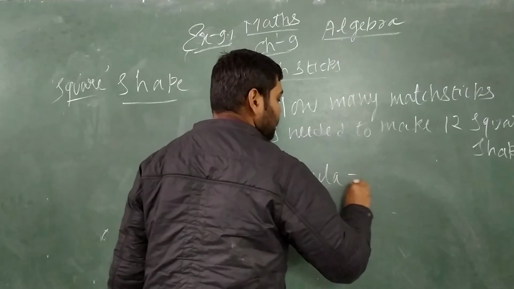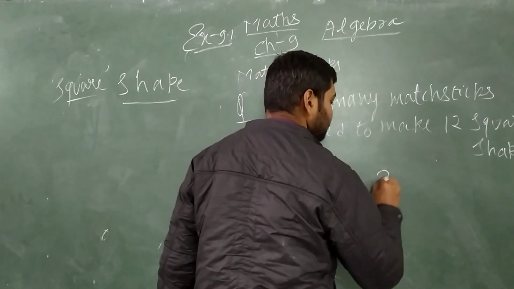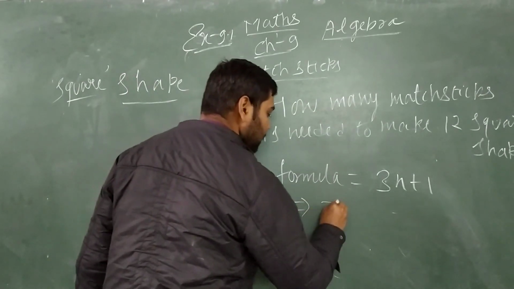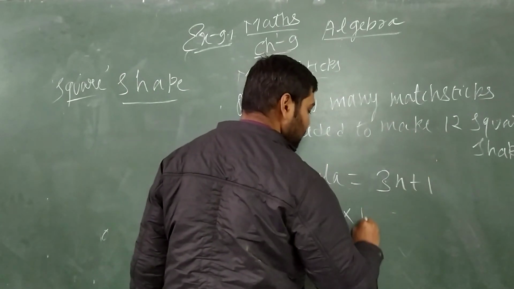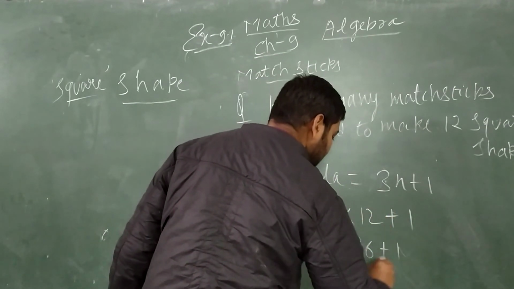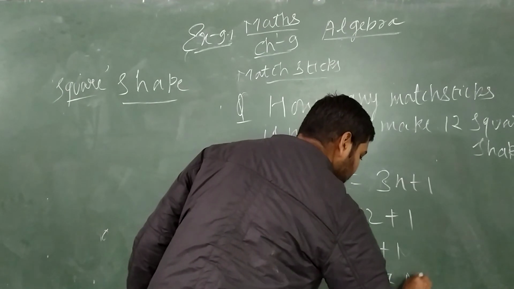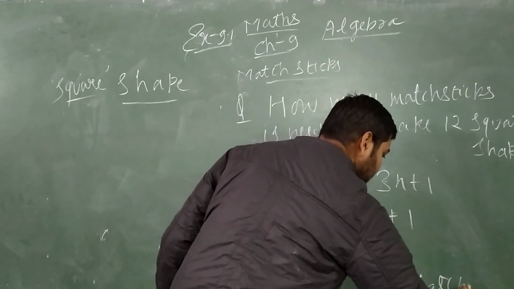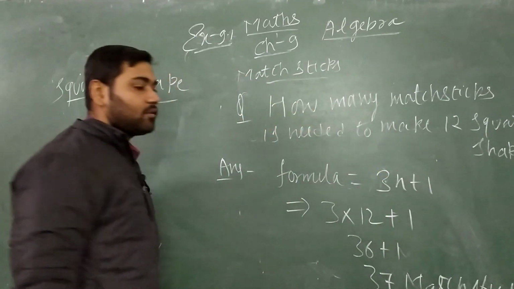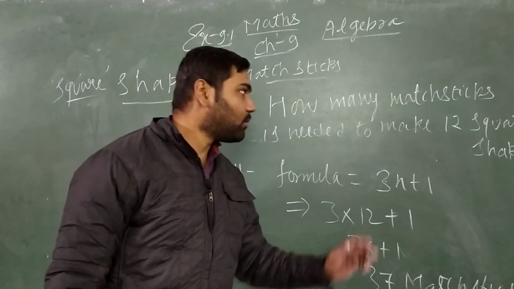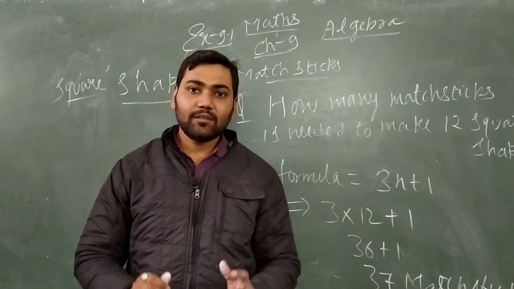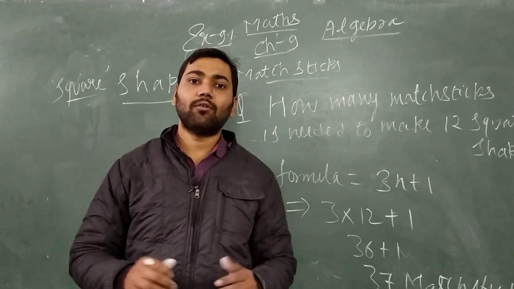The formula is 3n + 1, where n is the number of square shapes. How many square shapes are given in the question? 12. So 3 × 12 + 1. 3 times 12 is 36, plus 1, so the answer is 37 matchsticks needed to make the square shapes.